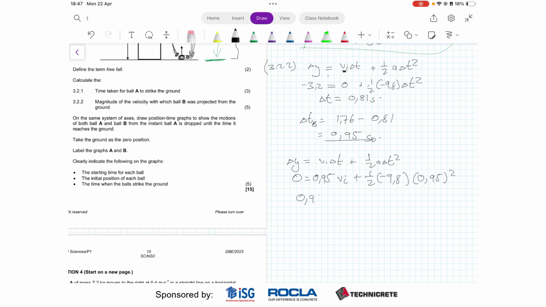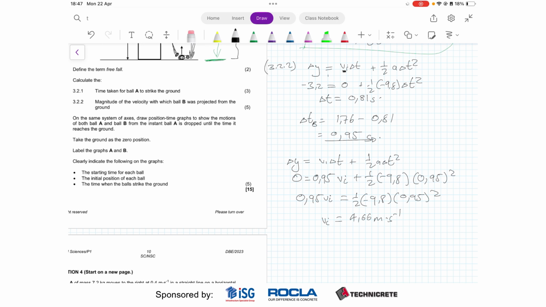Tells me 0.95 vi is equal to 1 over 2 times 9.8 times 0.95 squared. Thus vi is equal to 4.66 meters per second.